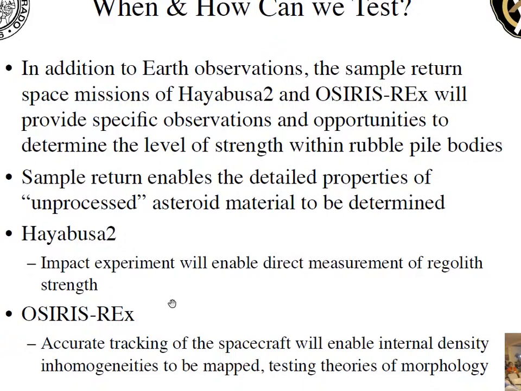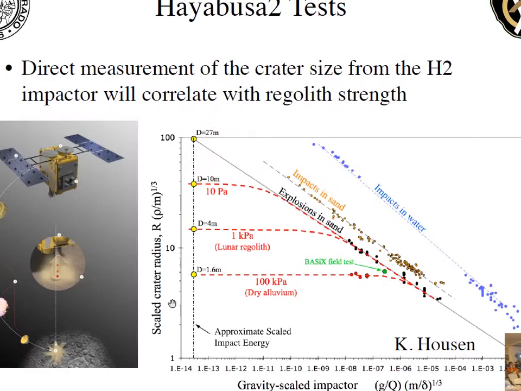In addition, the Hayabusa 2 mission has an impact experiment that enables direct measurement of the regolith strength. And for OSIRIS-REx, we will accurately track the spacecraft, and it will enable us to have insight into the internal density inhomogeneities, and we'll be able to test different theories of strength and morphology that directly relate to some of the predictions from this cohesive strength theory.